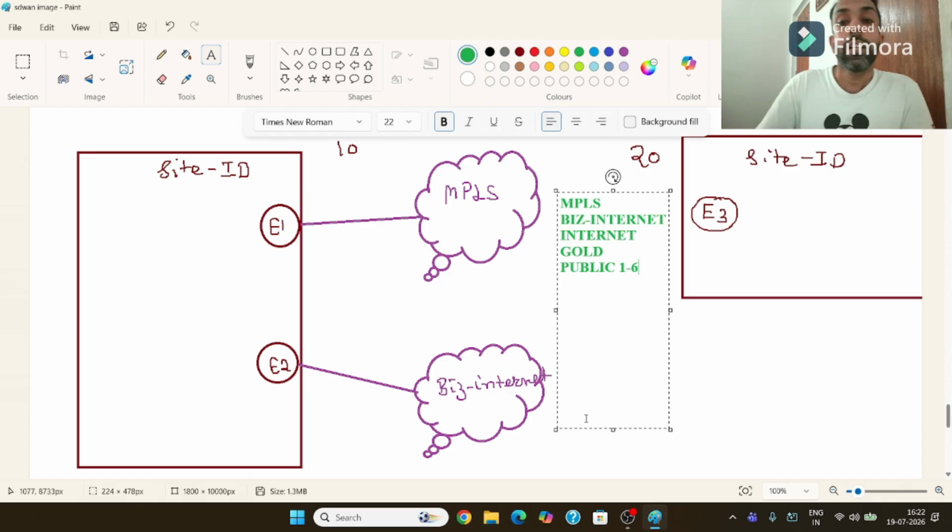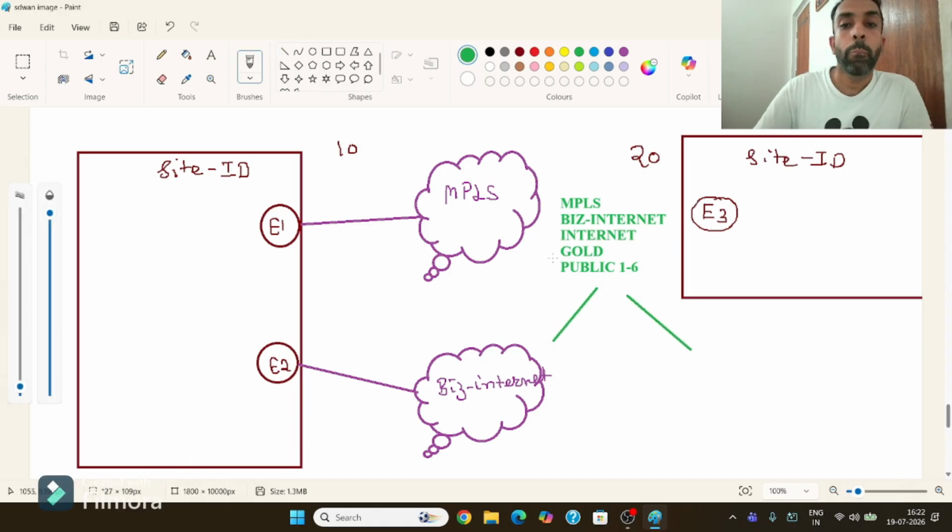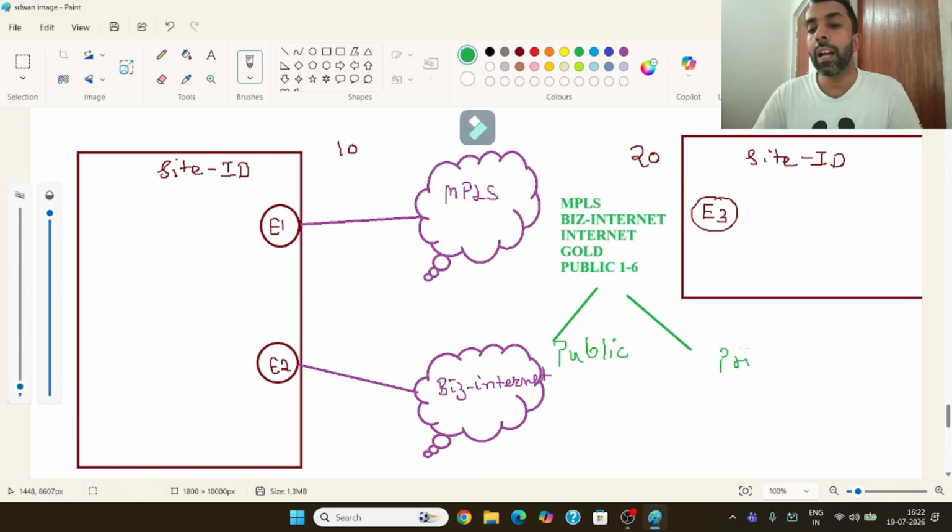Now, to understand the colors in more depth, the colors are basically divided into two types of connections. The first is public color or public transport, and the second is private transport. MPLS in my example belongs to a private transport.